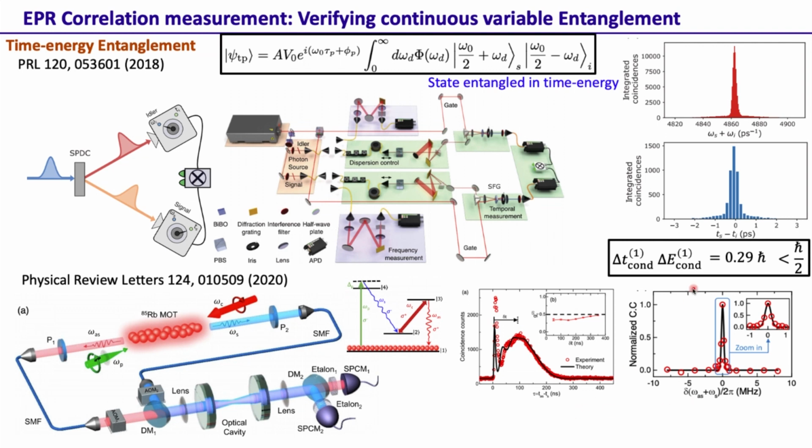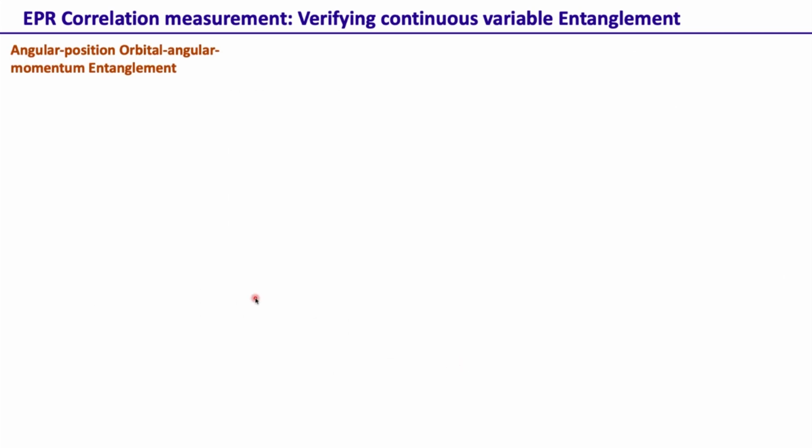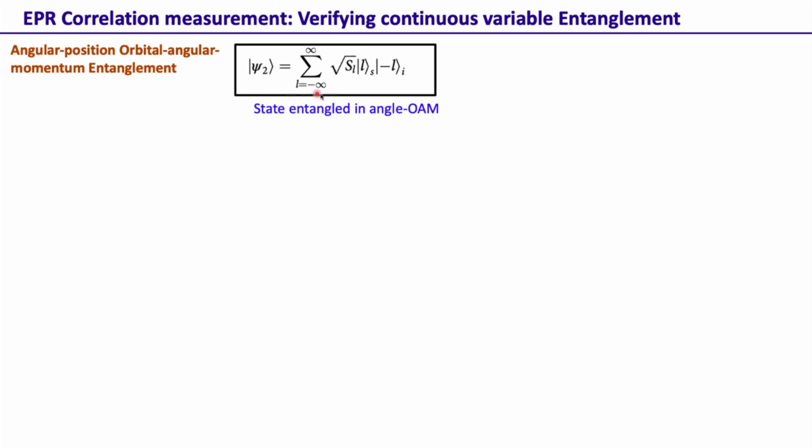This way we find the uncertainty in time and the uncertainty in frequency or energy, and when we put them together, the conditional uncertainty in arrival time and the conditional uncertainty in energy in this experiment was 0.063 h bar. So this one was definitely much better than the previous one. Of course, both verify time energy entanglement, but here the results were much better, 0.063 h bar. So that was in time and energy. Similar experiments have been done in orbital angular momentum and angle basis.